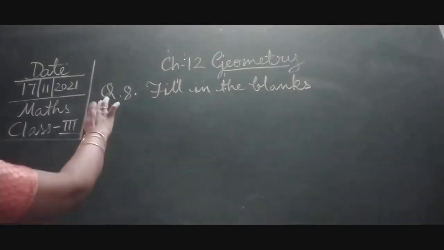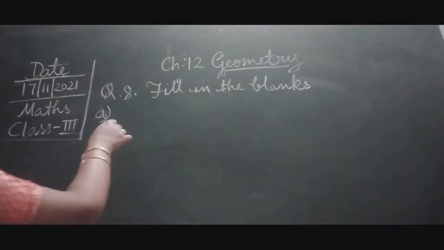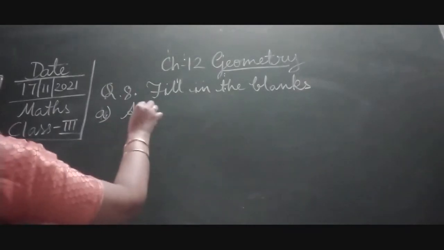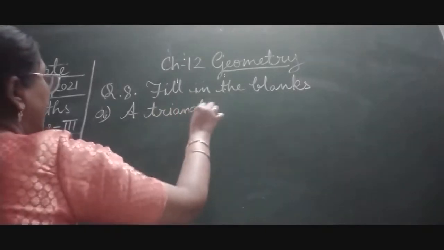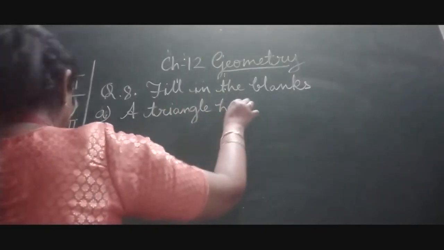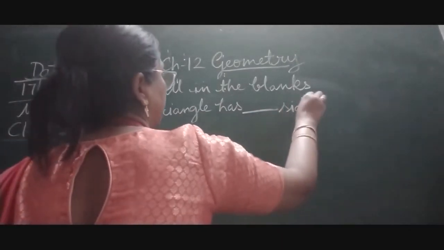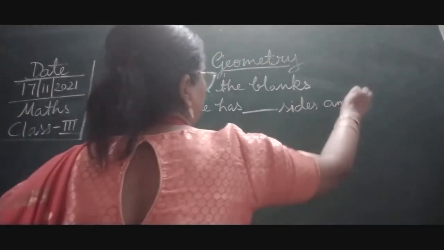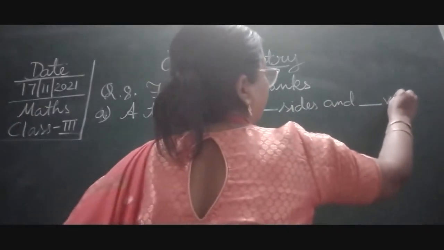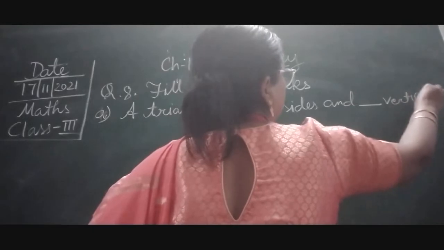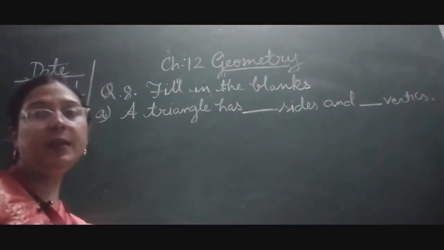First question is, you can write A. A triangle has dash sides and dash vertex. So children, as we all know, how many sides does a triangle have?